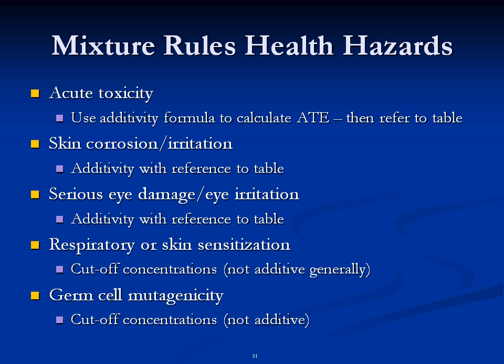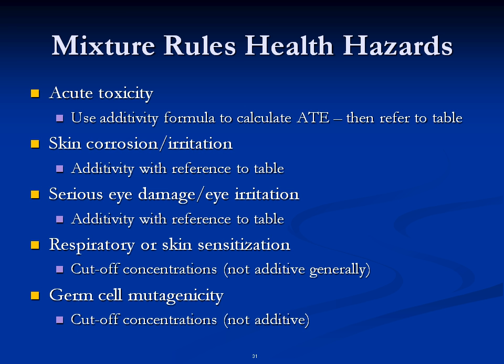So basically our mixture rules are going to be, for acute toxicity, we use an additivity formula to calculate the acute toxicity estimate. And that number we use with the acute toxicity table, and I'll give you an example of how that's done. And then, as I said, next time we'll do some of those in real life. For skin corrosion and irritation, we also have an additivity approach and a table that we use.